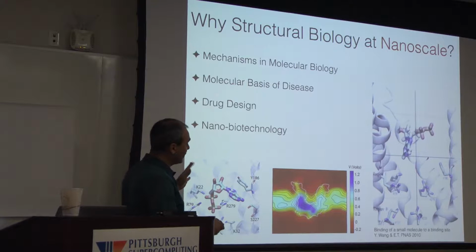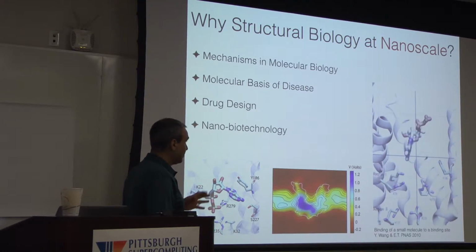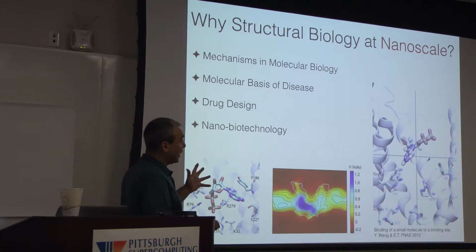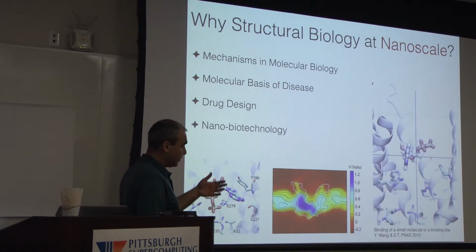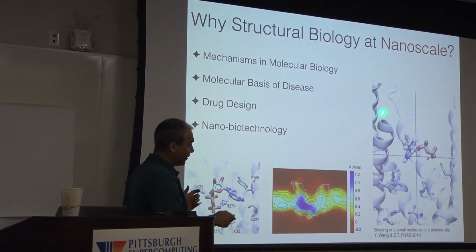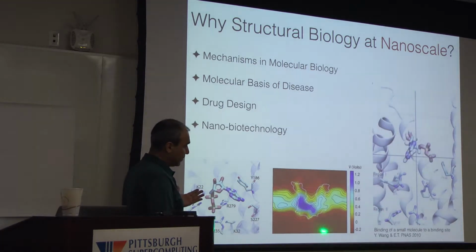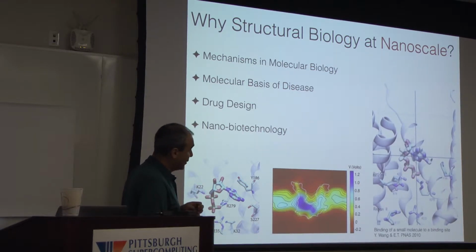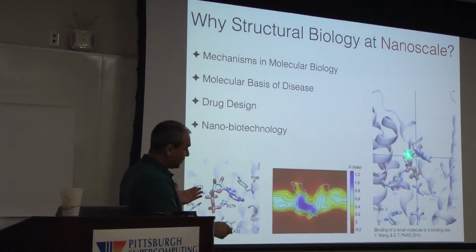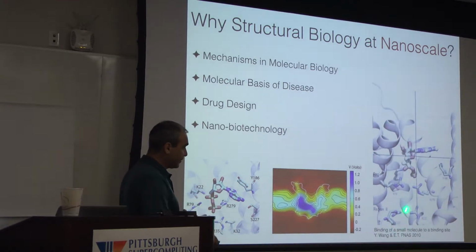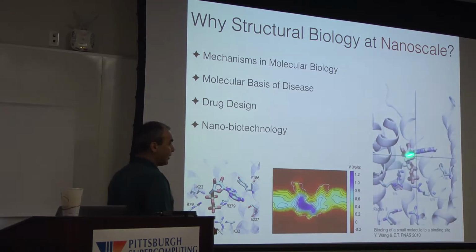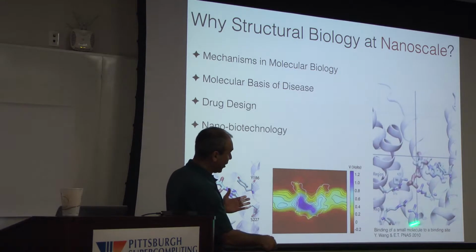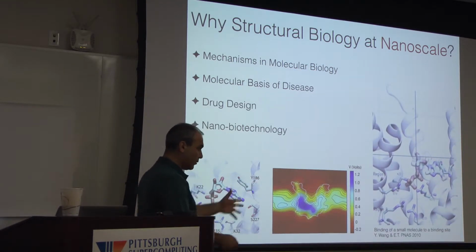Here is another example. This is work we did 7 years ago, claiming for the first time we were seeing spontaneous binding of a ligand. This is ADP binding to its carrier during a 0.1 microsecond simulation. Back then, it was a pretty long simulation. You can see all the details, how this process takes place, how much diffusion there is, and how you rely on rearrangement of all these side chains in the binding pocket for the ADP to complete its binding.